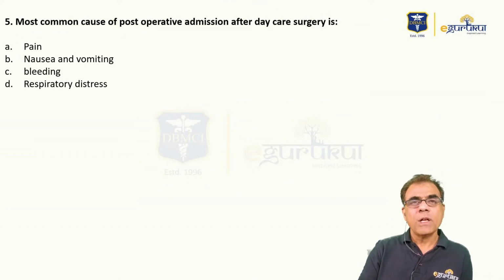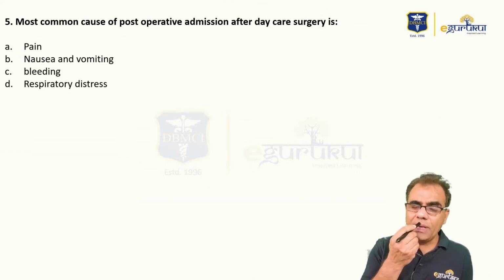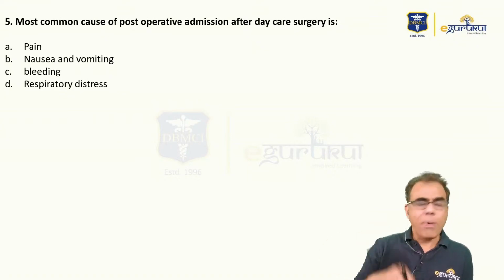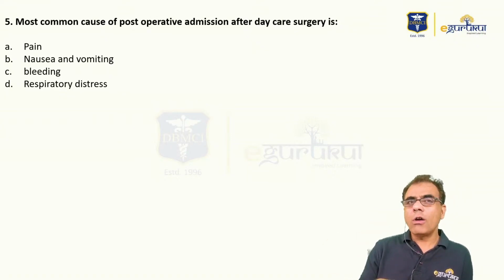Usually the patient returns after being discharged, coming back to the hospital, or from the hospital we are not able to discharge and we have to admit to the ward. This is usually because of surgical causes, particularly bleeding.